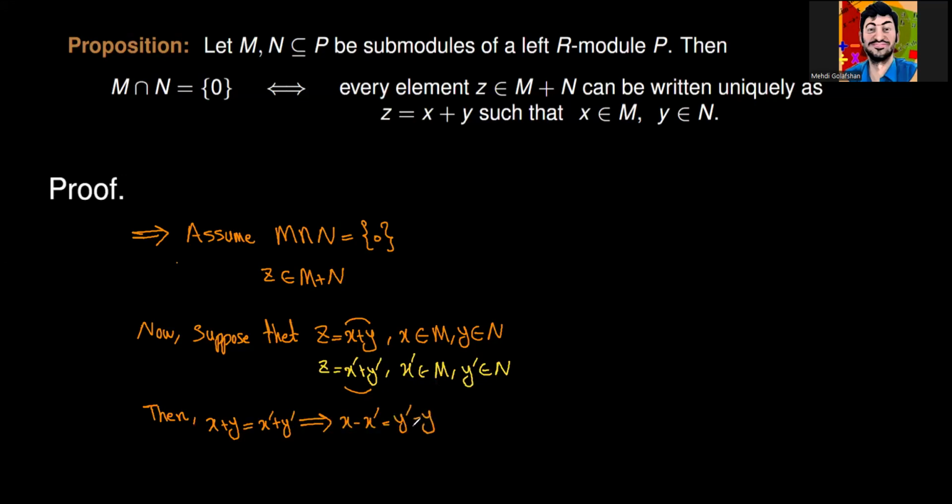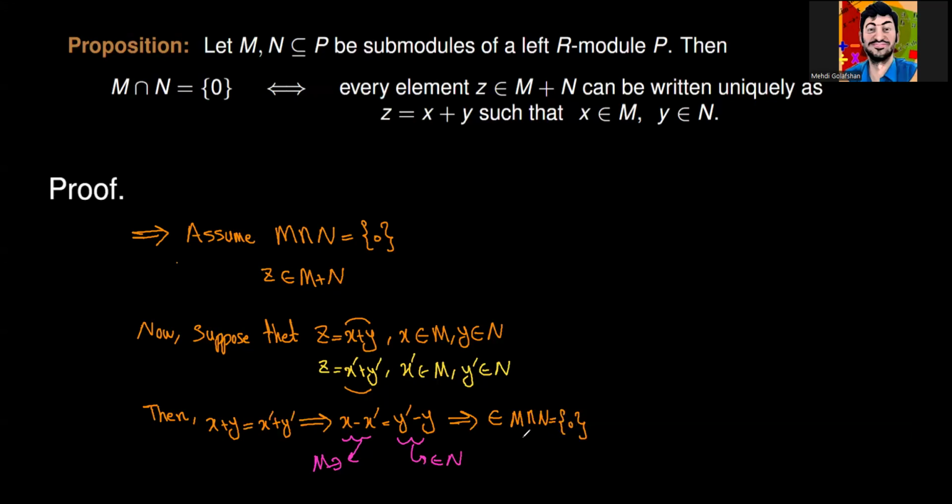So they are in the intersection of M and N. X minus X prime is in M, since M is a module, and Y prime minus Y is inside N. That's why we can conclude that these elements are inside M intersection N, so this means it's 0.